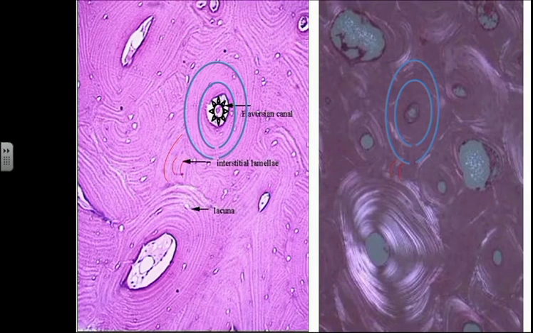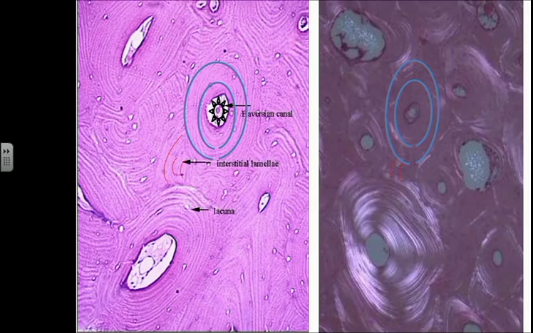So when we look at it, we can see blood vessels in part of it, and I highlighted one of them with a black star, and it represents the Haversian canal. The Haversian canal is where the blood vessels and sometimes nerves enter into the cortex of the bone. They are spaces, and around them the collagen fibers are arranged. Because the Haversian canal is circular, the collagen fibers have to be arranged in a circle.